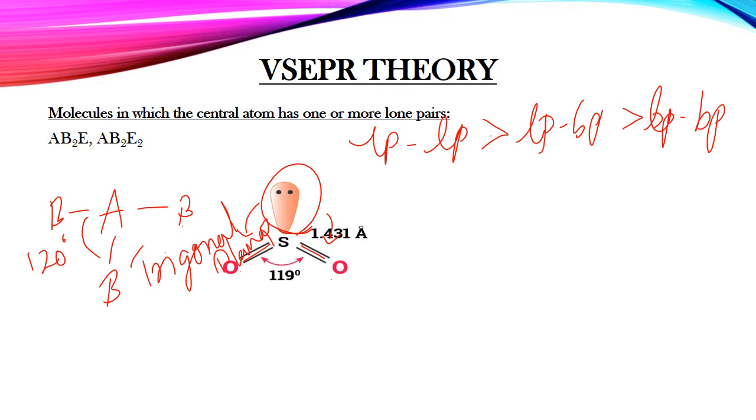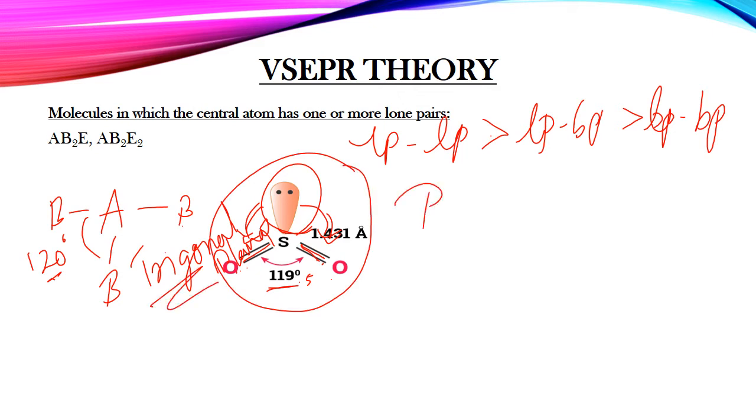Now since the repulsion between these two bond pairs is less, they can come closer. So lone pairs are pushing the bond pairs away and the bonded pairs are coming closer, so the bond angle decreases from 120 to 119.5, due to which the shape of this molecule is not trigonal planar. The shape here is bent. It has a bent shape.